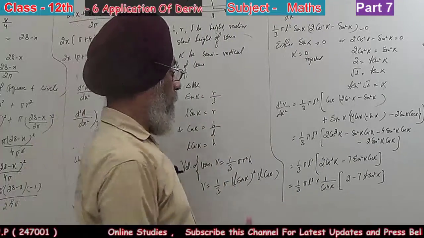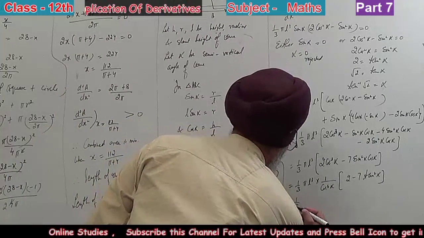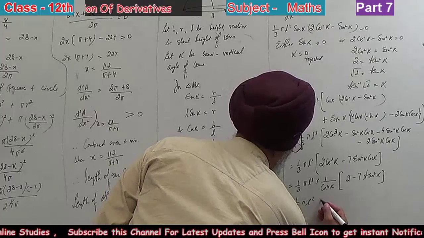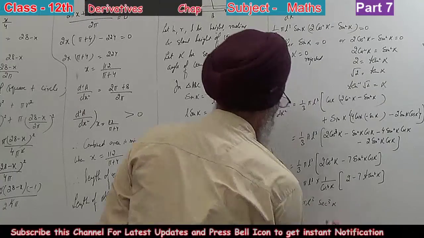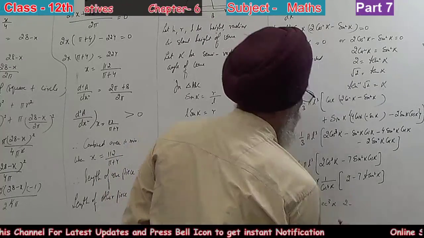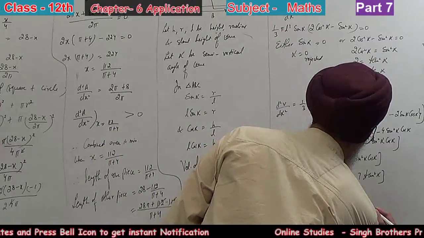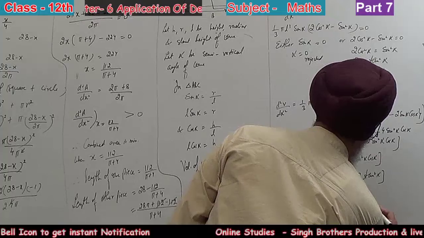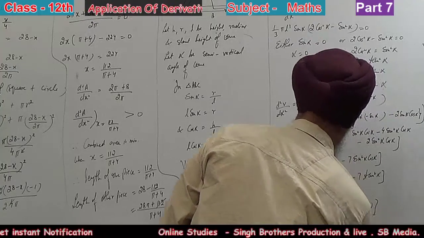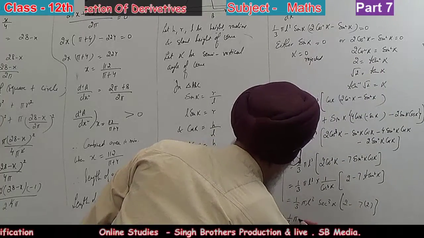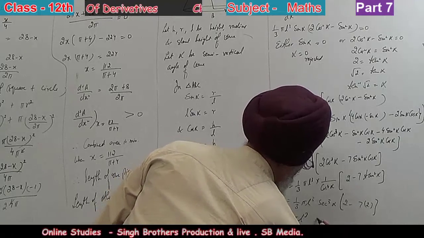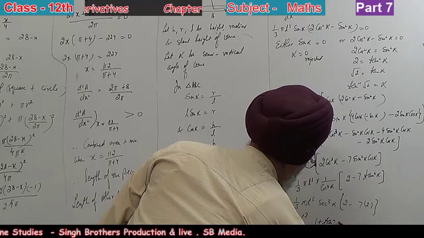It is 1 upon 3 pi L cube sec cube alpha, 2 minus tan square alpha, that is square of root 2.